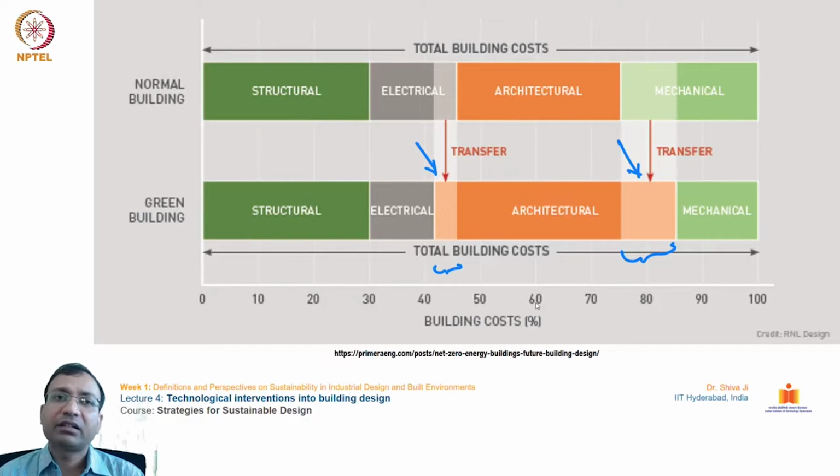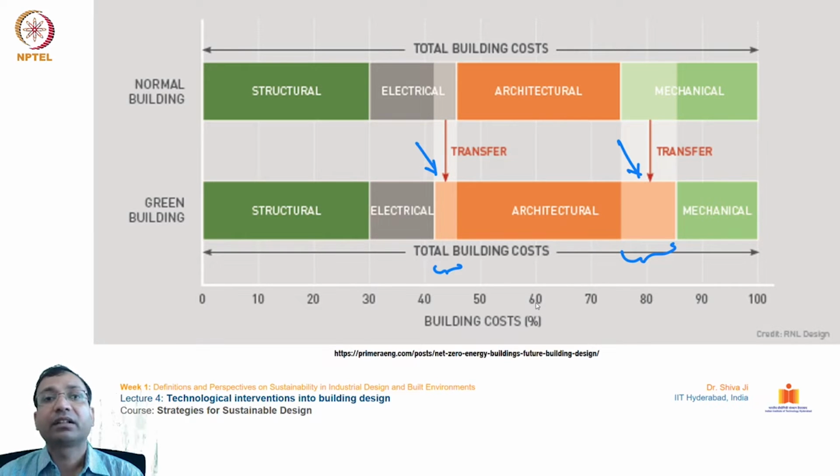If we turn our regular, normal buildings into green buildings, at least 15% improvement can be made on the costing.